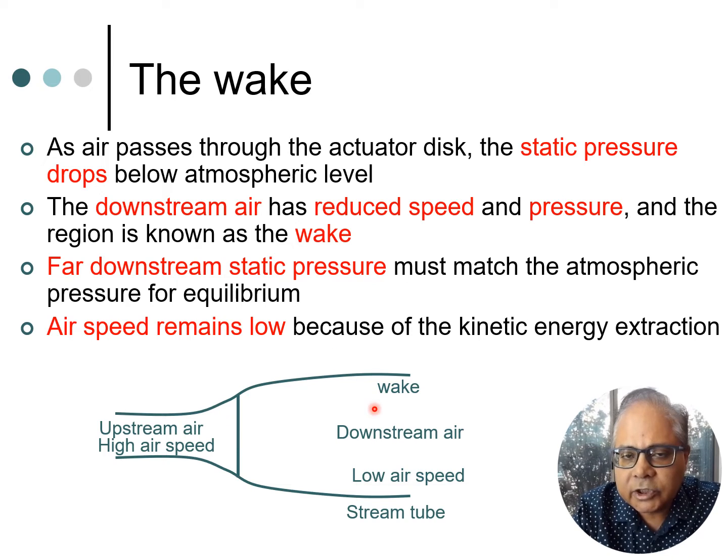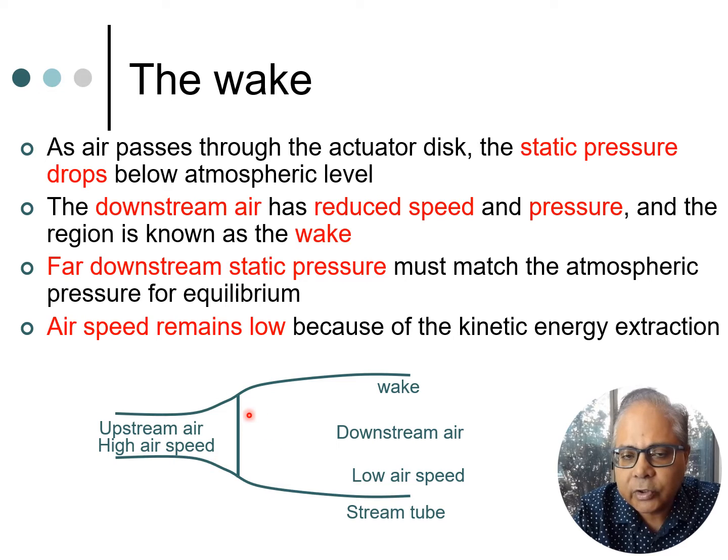Now the far downstream static pressure must again come back to the atmospheric pressure because you want to establish equilibrium, and so as you go further and further from the actuator disc, the air gets back to the atmospheric pressure, and of course air speed here will remain low if the wind turbine is functioning properly.